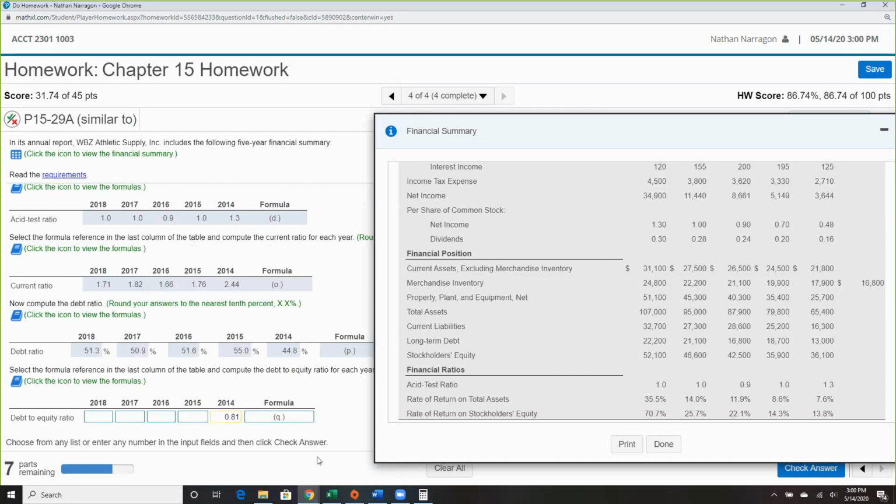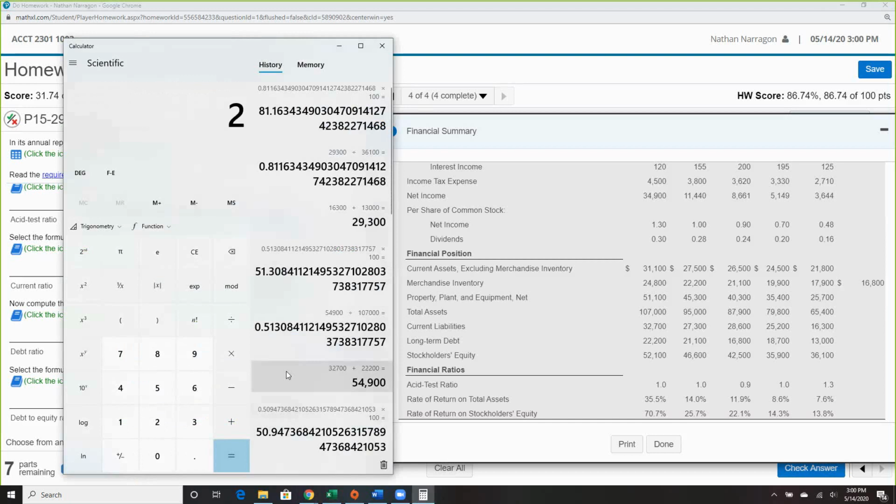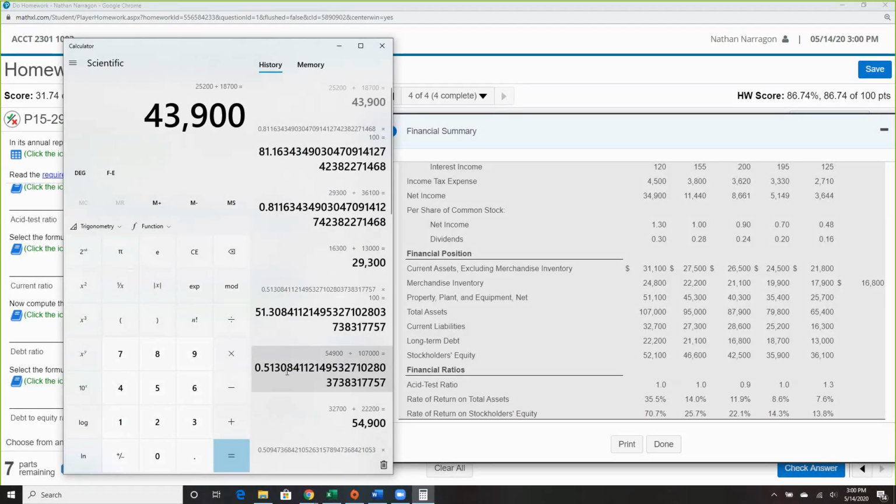Okay. 15. So again, you're taking your current liabilities plus your long-term debt to get your total liabilities, and then you divide by stockholders' equity.